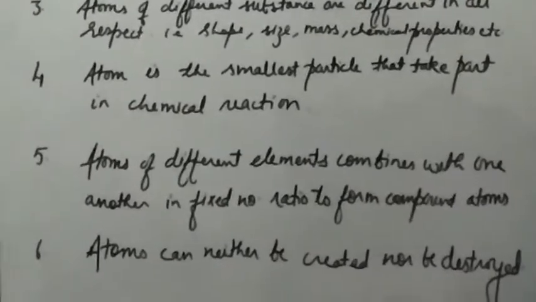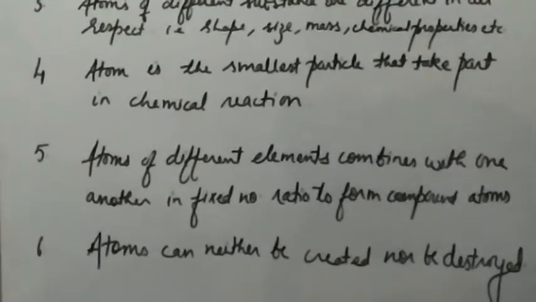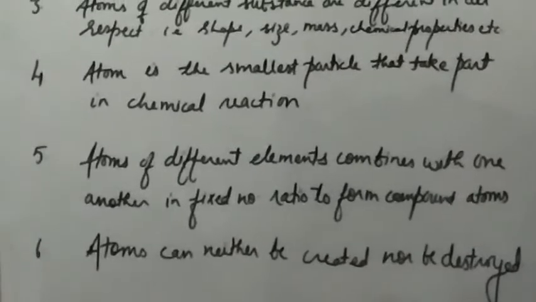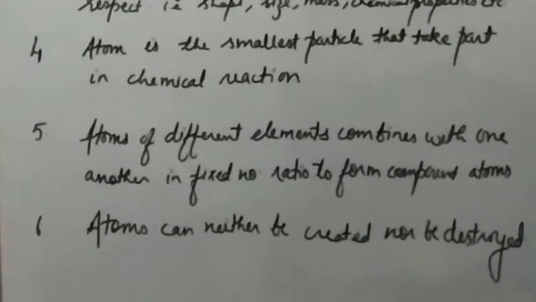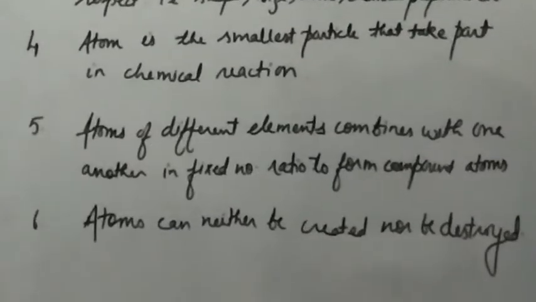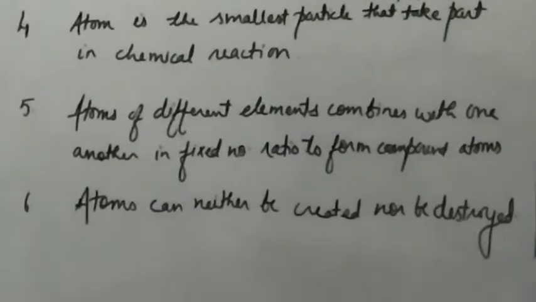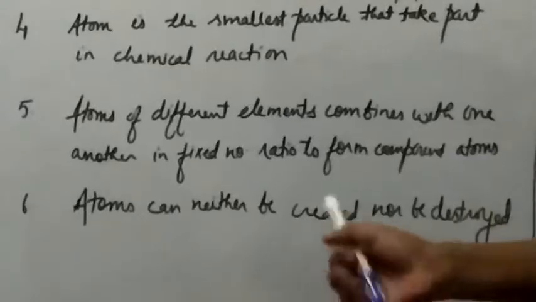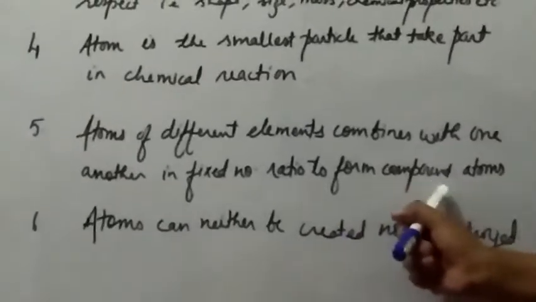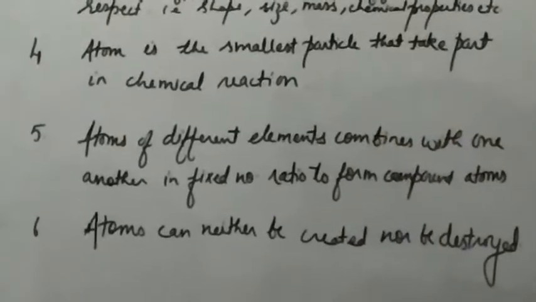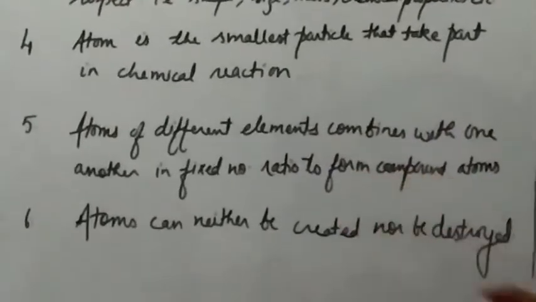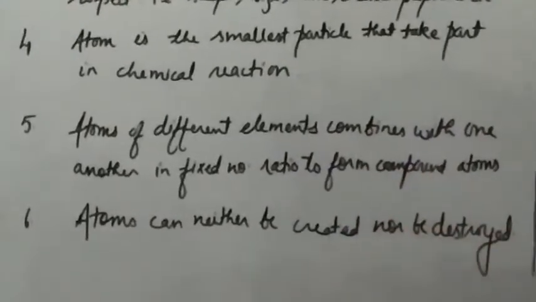At the atomic level, it is a 2:1 ratio, that is, two atoms of hydrogen combine with one atom of oxygen to form the molecule. Now we know that one molecule of water will be formed.